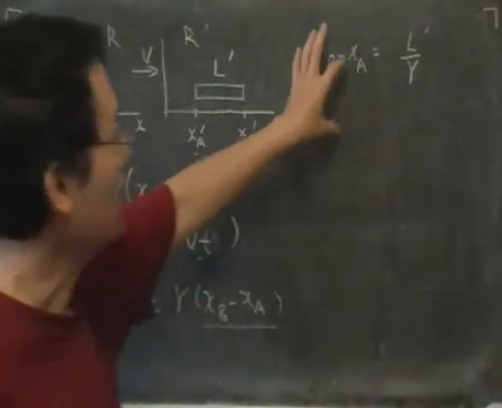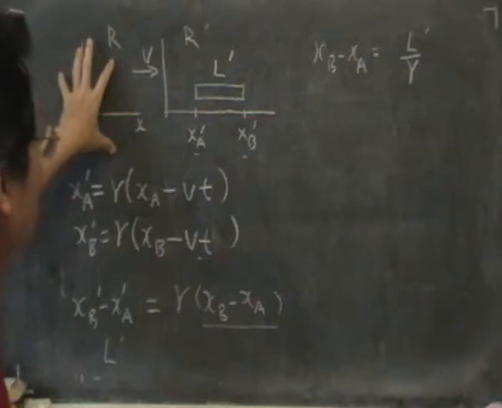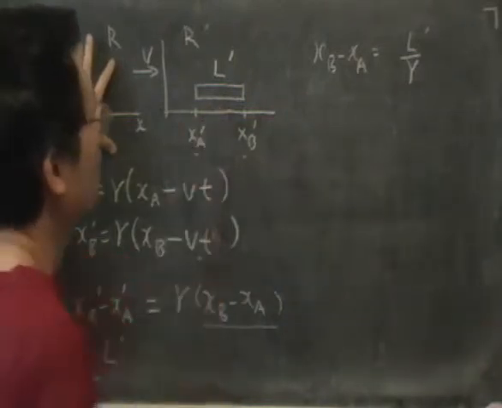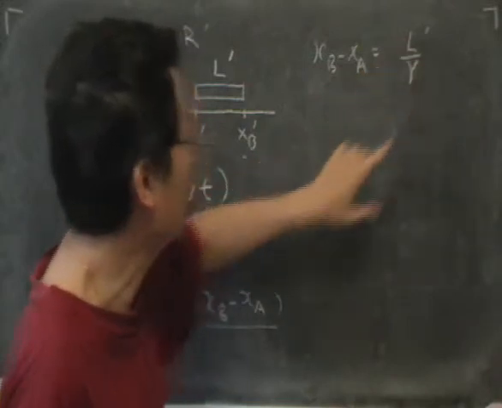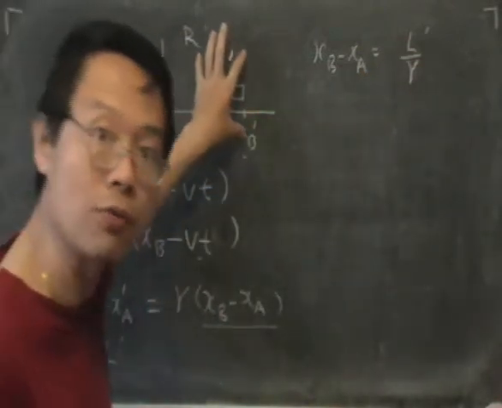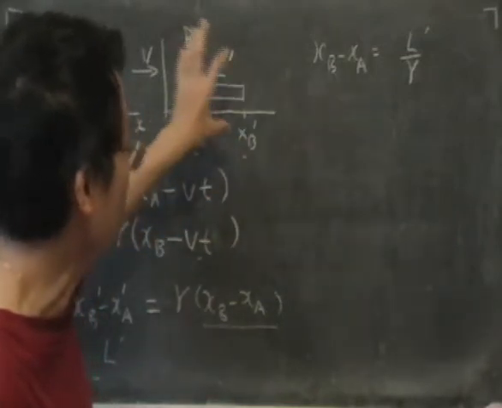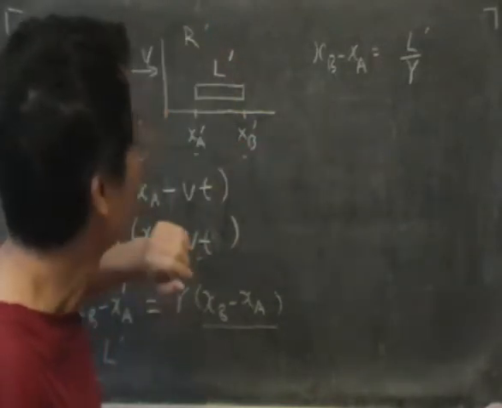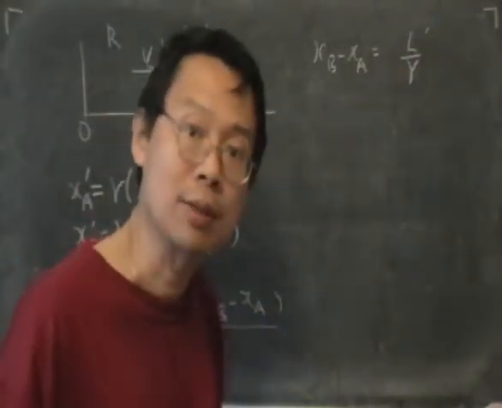So this observer measures the length of the moving ruler, and this is the answer that he got. The length of the ruler from the viewpoint of the moving observer is the length in the rest frame, in the frame where the ruler is at rest, divided by the Lorentz factor.